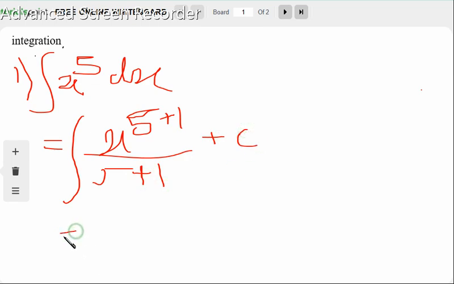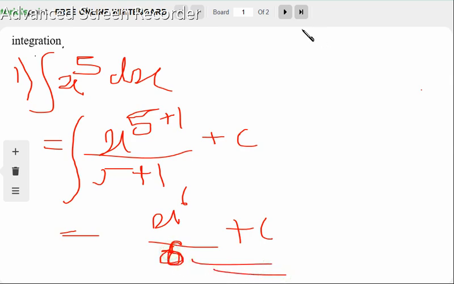So the answer we will get is x to the power 6 divided by 6 plus c. So this will be the answer of the first question according to the power rule. Now next question.